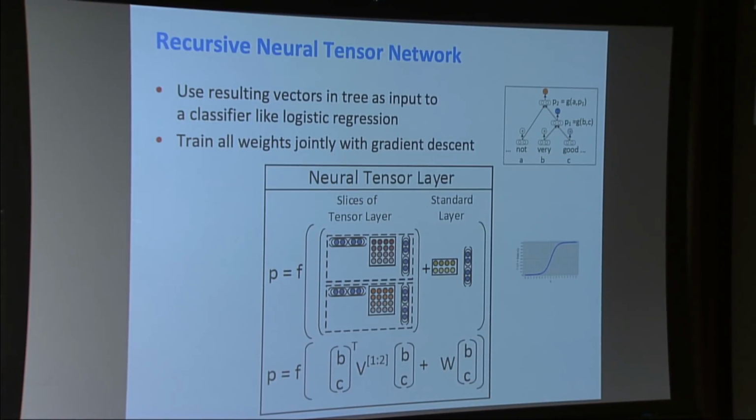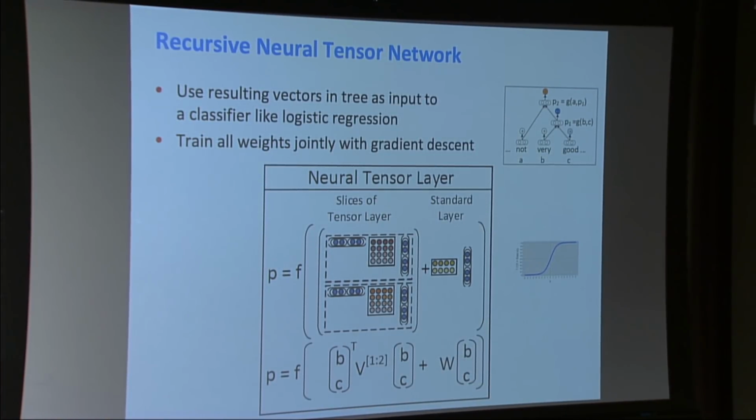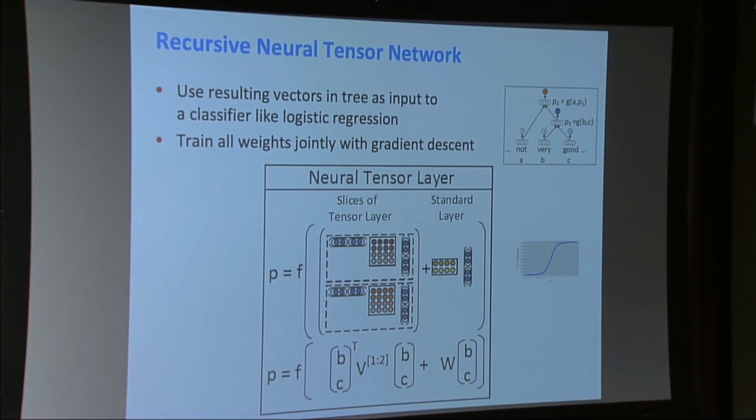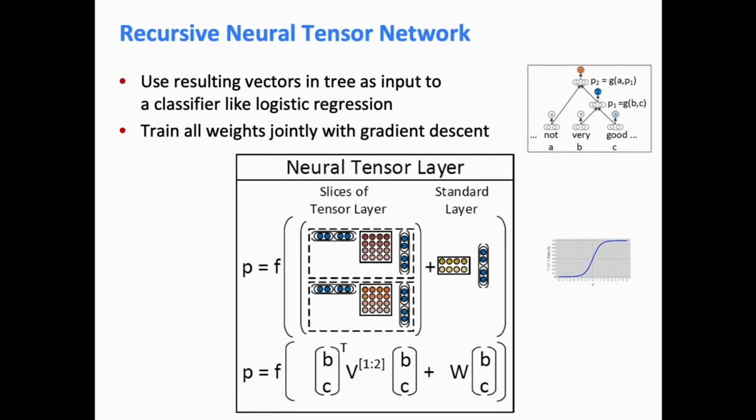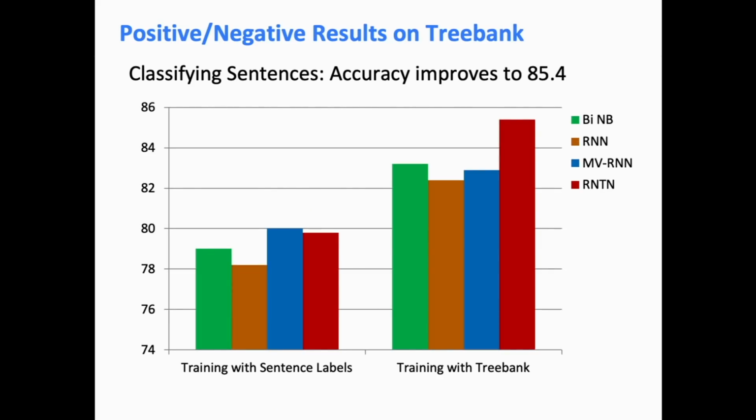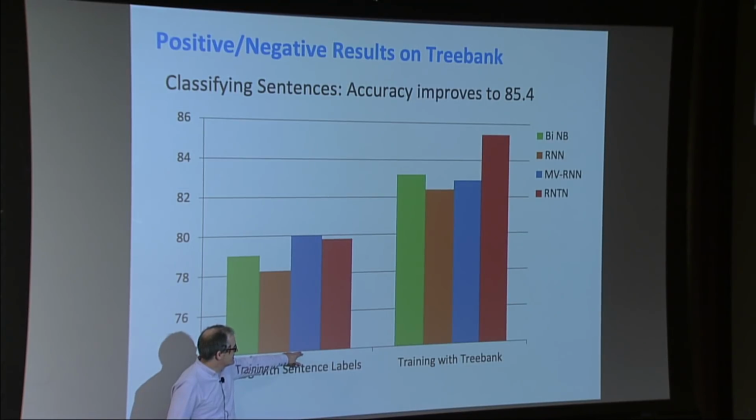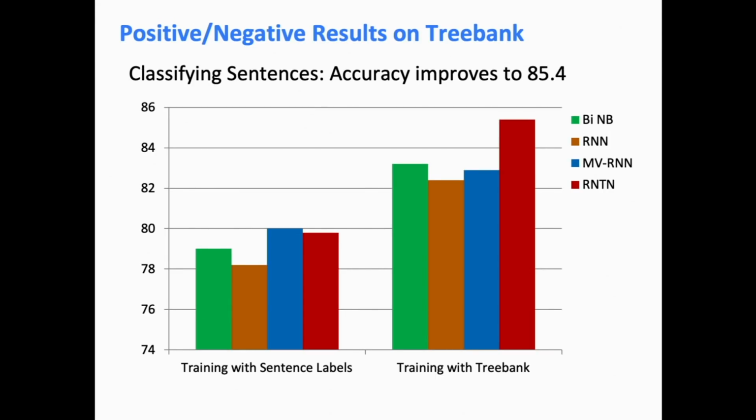We built that up the tree, and then at the end, we could classify the meaning of any phrase in the same kind of way with softmax regression, and we could train these weights with gradient descent to predict sentiment. And so this actually worked pretty nicely. In particular, it didn't really work any better with just the sentence labels, but if we trained the model with our tree bank, we could then get another couple of percent in performance. And so that seemed good.